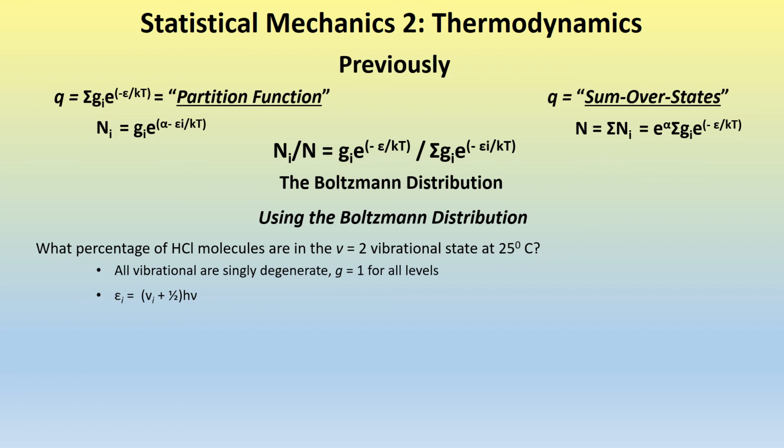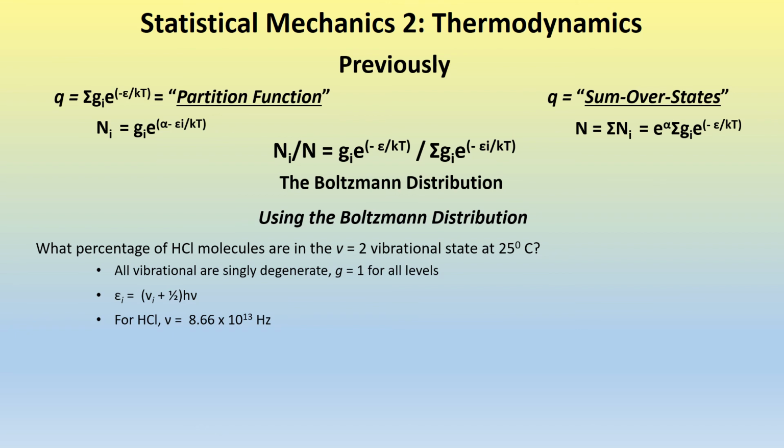This theoretically should go on forever. However, when one does the arithmetic, one finds the population of the v equals 2 state is 7.1 times 10 to the minus 16th.